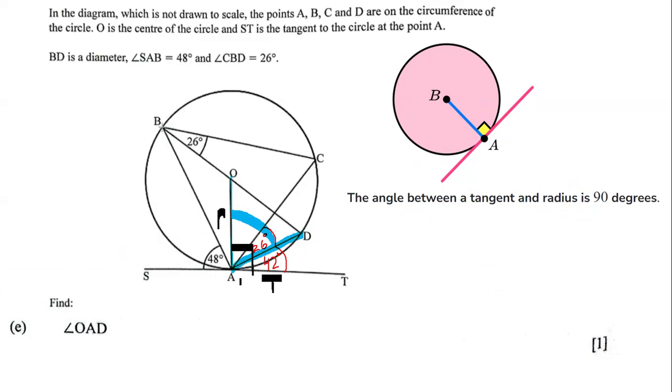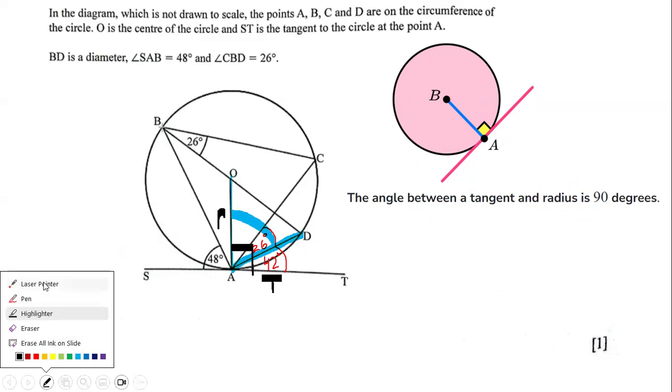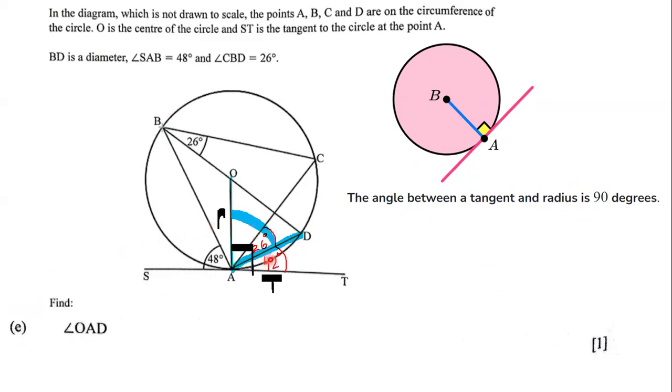That's 90 degrees. And so what that means is that 42 degrees plus 26 degrees plus this angle, let's just call it angle B. So angle B plus 26 degrees plus 42 degrees should give us 90 degrees.